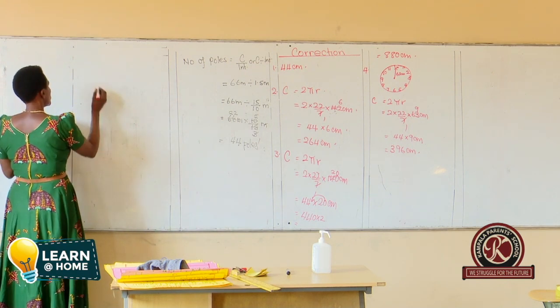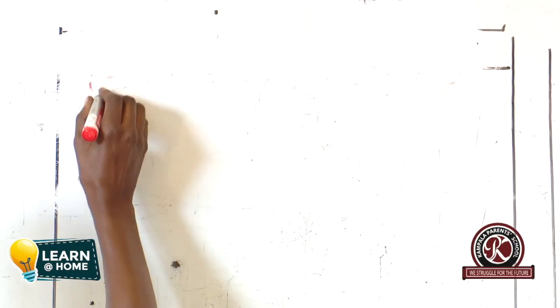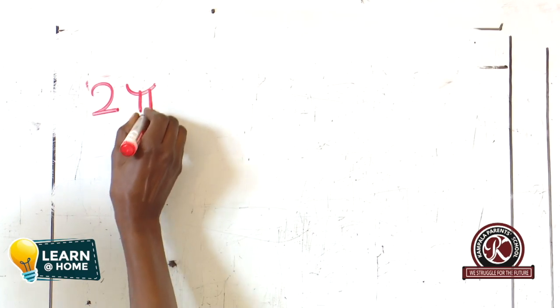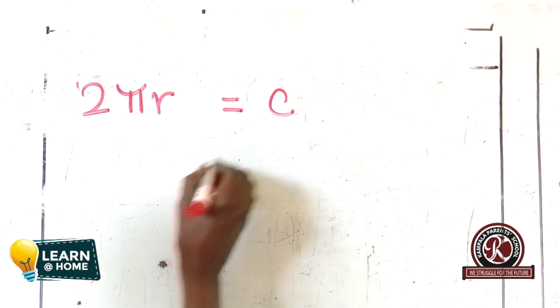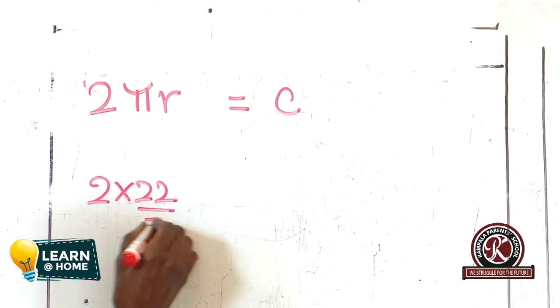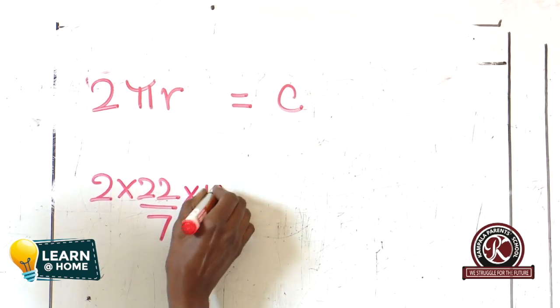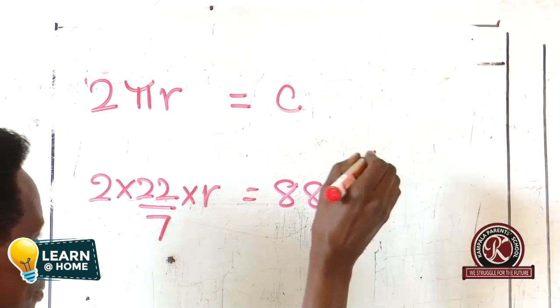The circumference. We know that when we are getting circumference, we say 2 pi r equals circumference, which is 2 times 22 out of 7 times r will give us 88 meters.